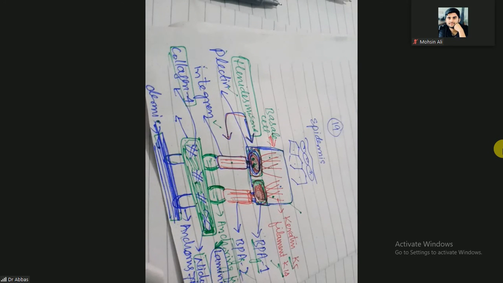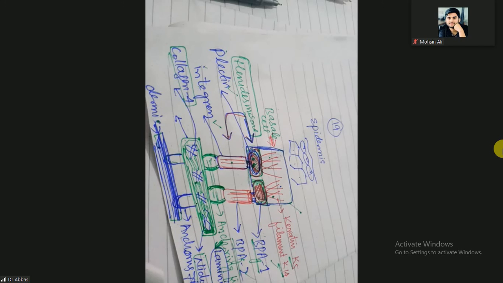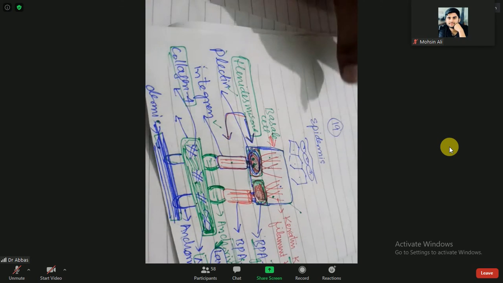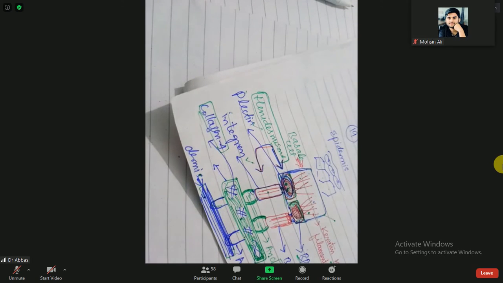Okay. So the weakest layer in the dermoepidermal junction is the lamina lucida. What is the weakest layer? The weakest layer is this layer, the lamina lucida.